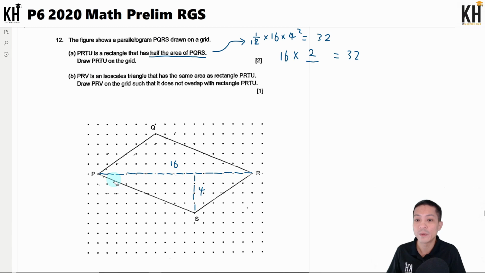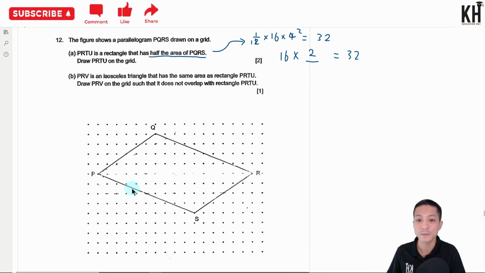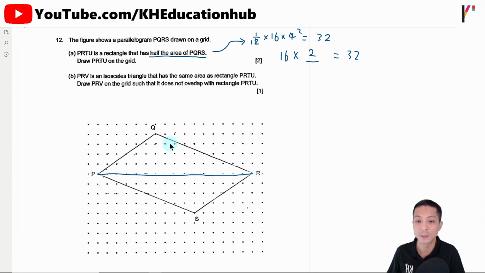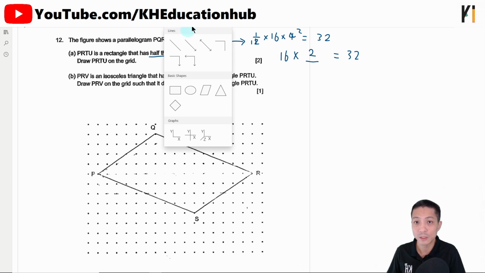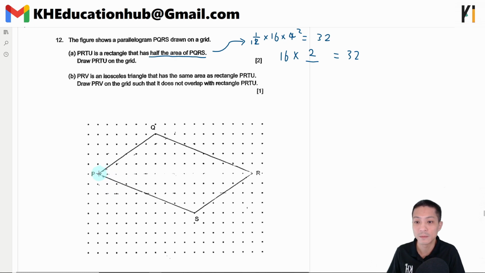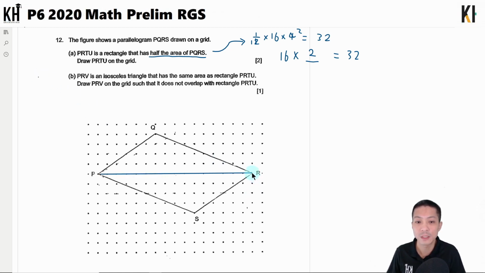Now I'm going to erase all this. I use a line. Not sure if this works, but never mind, we try a straight line. Here to here. And then I'm going to draw a line that is 2. 1, 2.